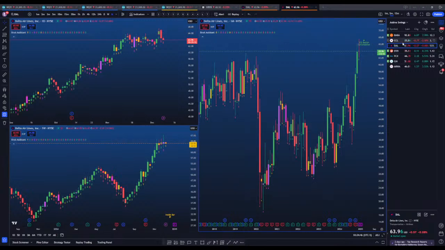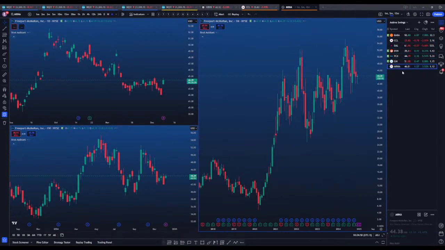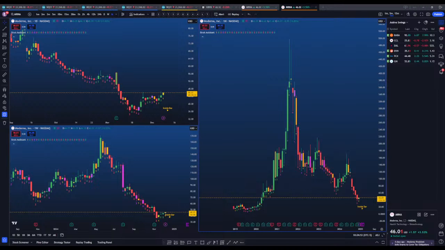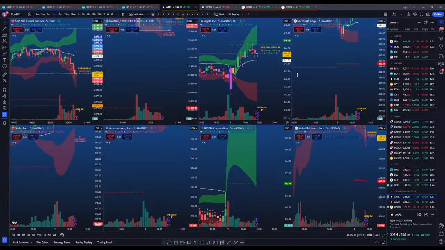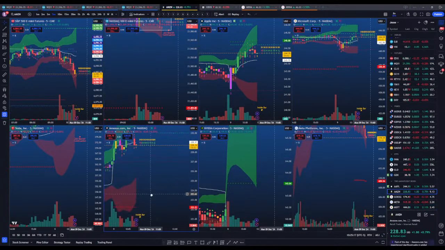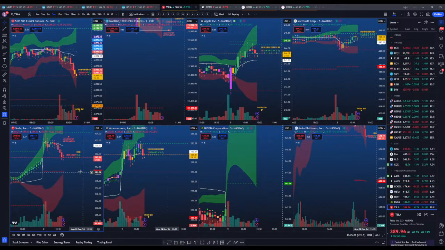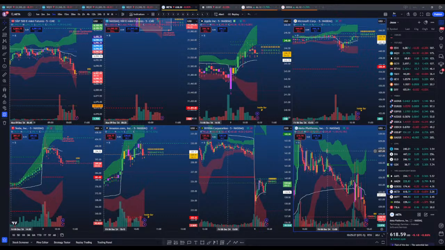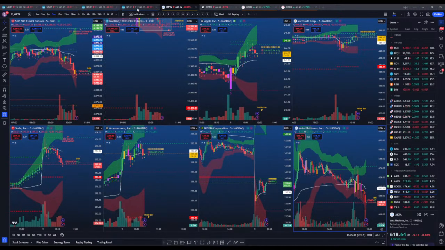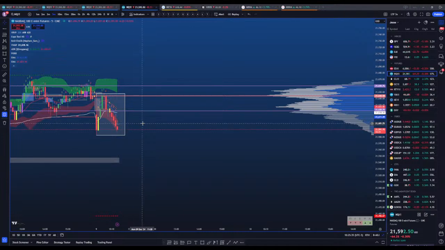Might be time to get out of Delta here too. And CCL. Testing the bottom side of our opening range.